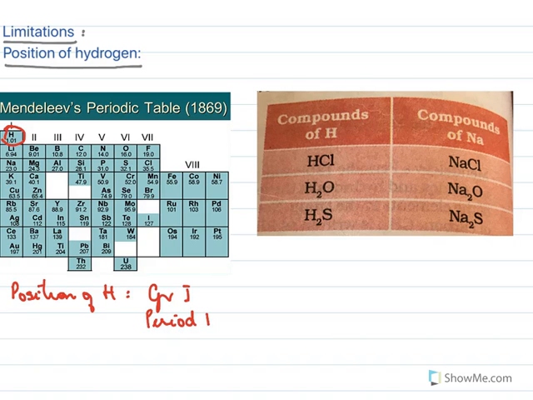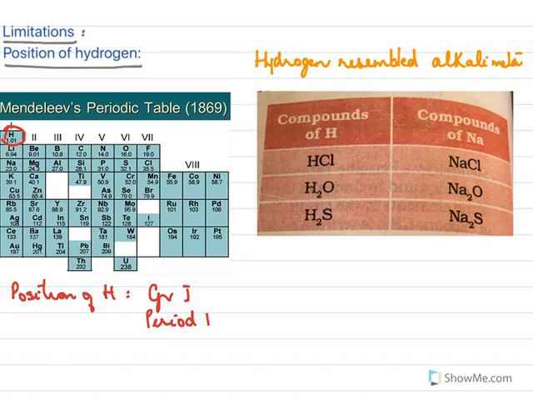However, he could not explain why he placed it in that position, because hydrogen showed properties like that of alkali metals. It resembled alkali metals.